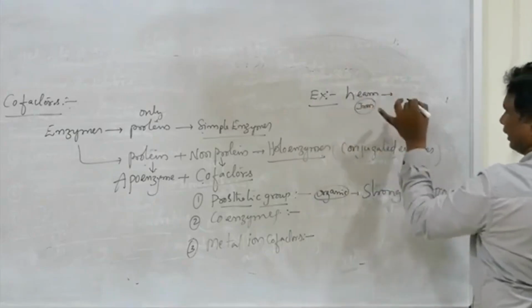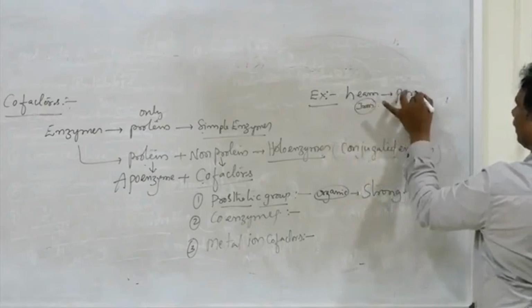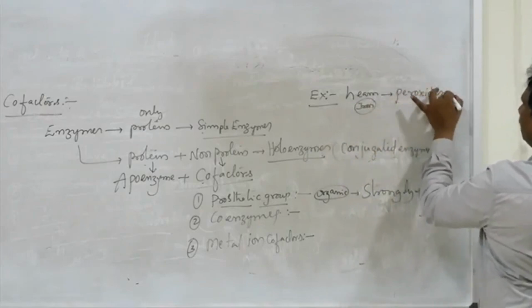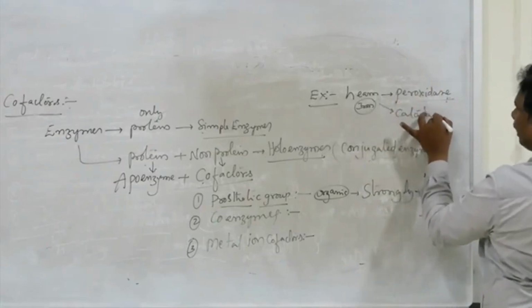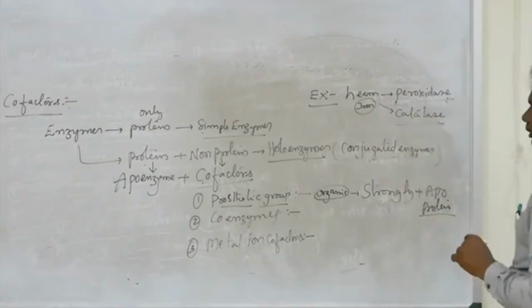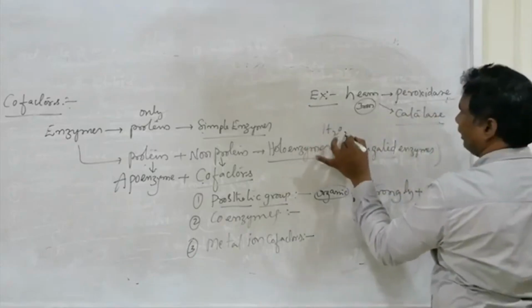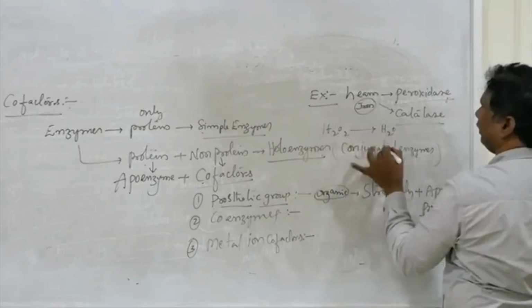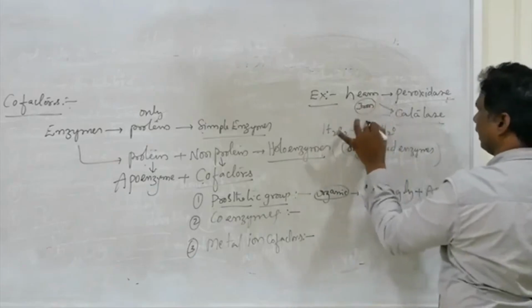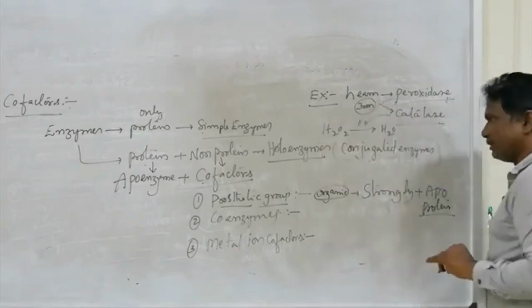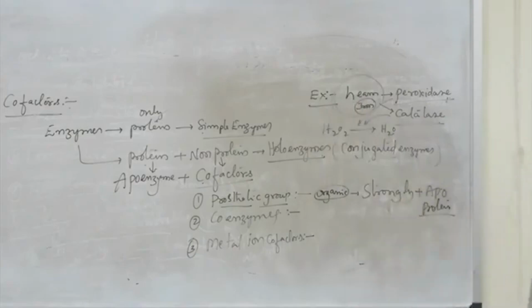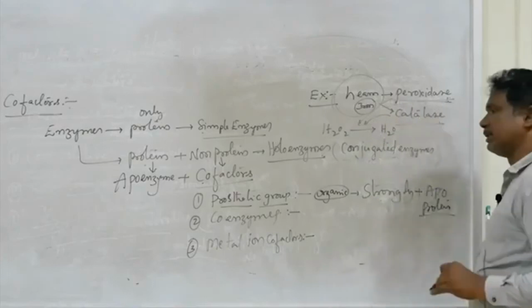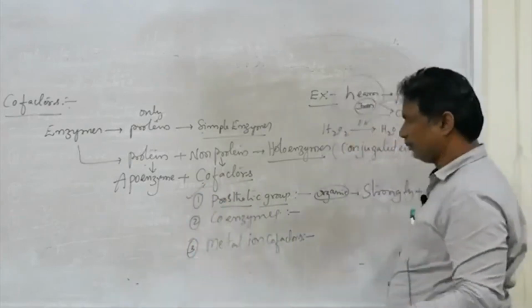Heme is the internal part of the enzyme peroxidase and also another enzyme catalase. You know that hydrogen peroxide is converted into water molecules in the presence of the enzymes catalase and peroxidase. In those, heme acts as a prosthetic group to the peroxidase enzyme. That is the prosthetic group.